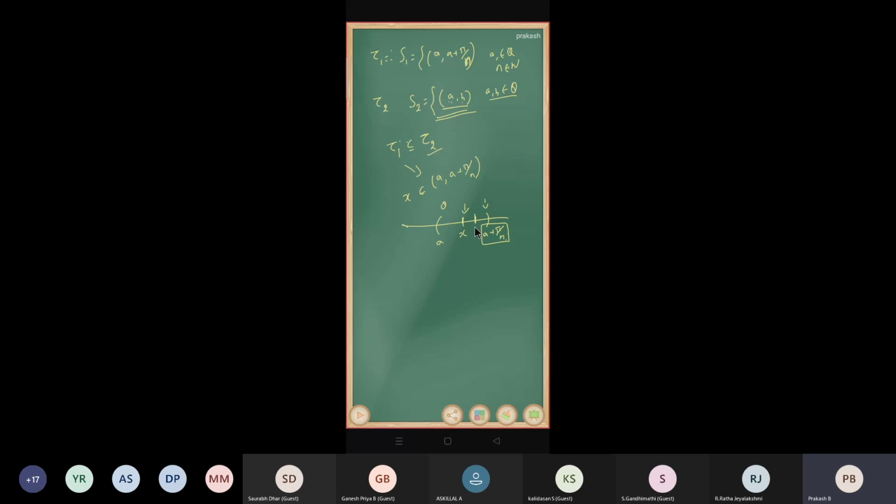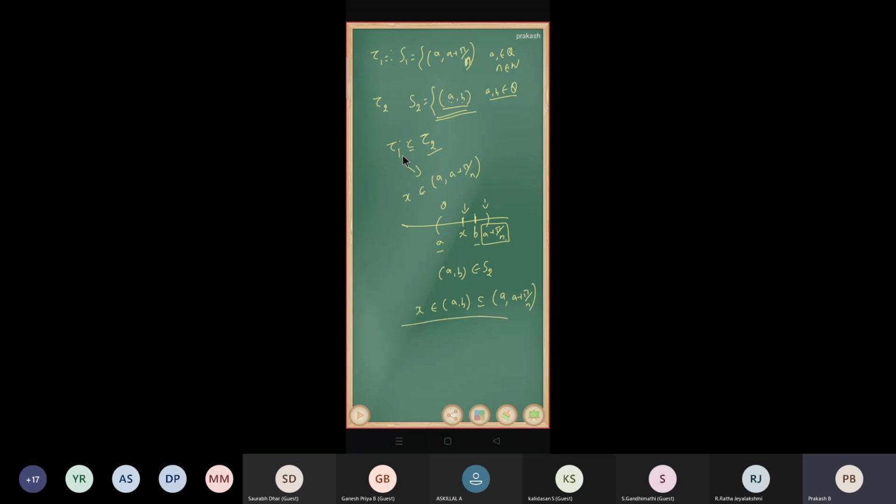I'm going to take this rational number as b, then the open interval (a, b). Here a and b are rational, therefore it belongs to S2, and this basis element of S2 contains an element x which is contained in the basis element of S1. Therefore tau1 is contained in tau2.